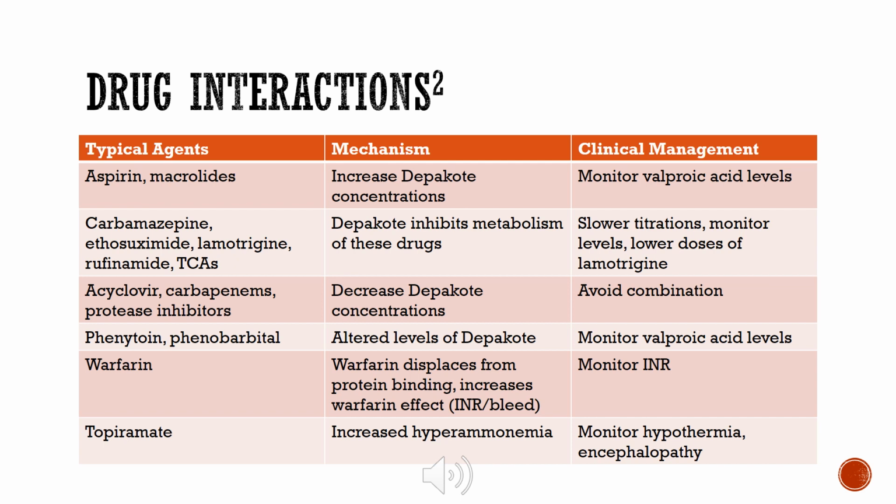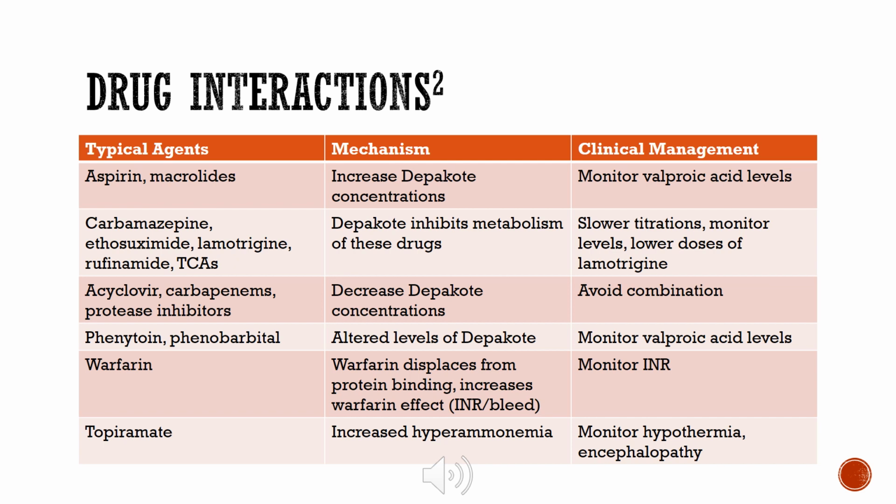With acyclovir, carbapenems, and protease inhibitors, those medications actually decrease Depakote concentrations, rendering it possibly ineffective, and so we're going to just avoid that combination altogether. For phenytoin and phenobarbital, we're going to see altered levels of Depakote, and in that case we're going to monitor valproic acid levels.